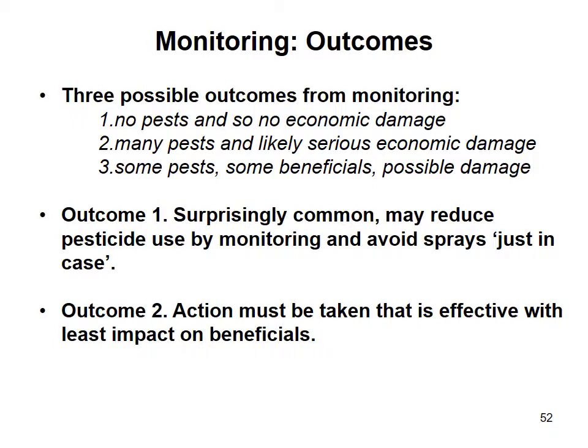Outcome 1 is surprisingly common and may reduce pesticide use just by monitoring and avoiding sprays just in case. Outcome 2, action must be taken that is effective with the least impact on beneficials. The third outcome is more difficult to assess.